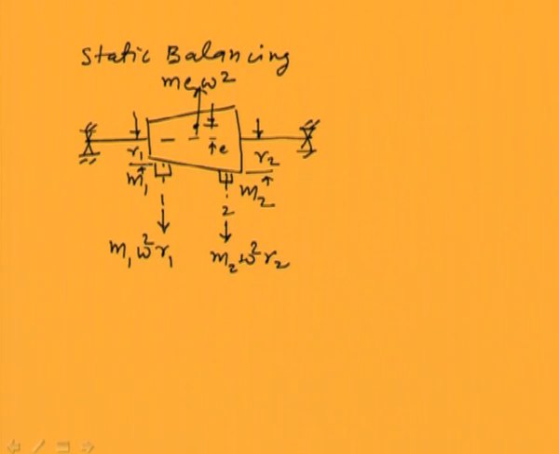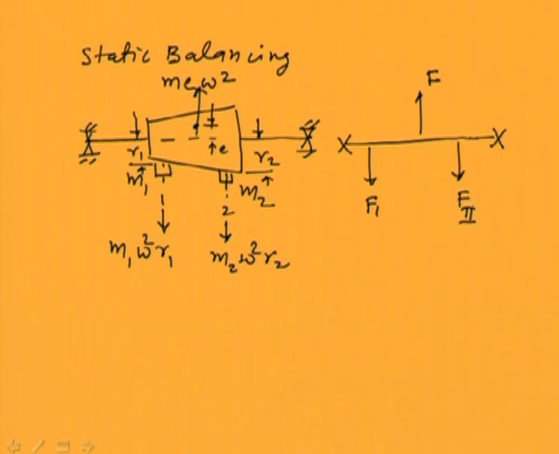Now this system can be shown like this, where this is the centrifugal force for balancing plane 1 and balancing plane 2.